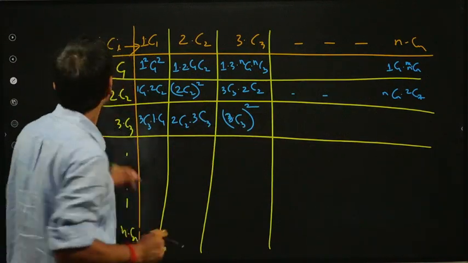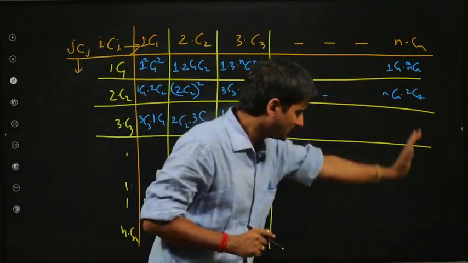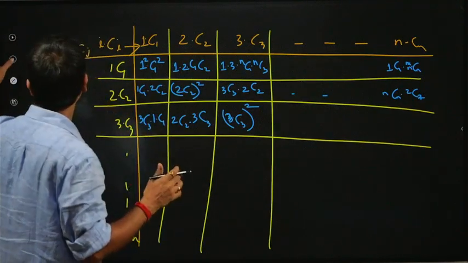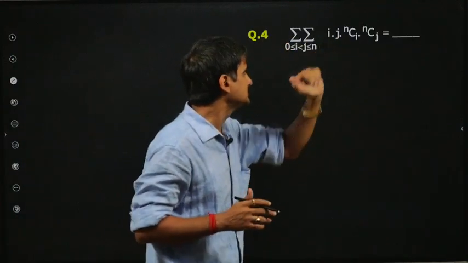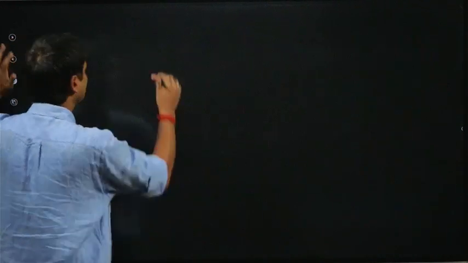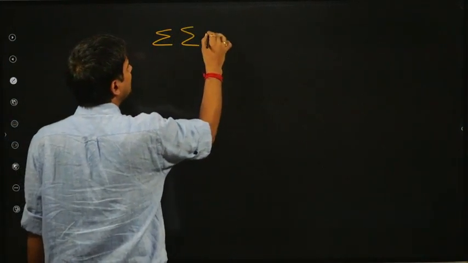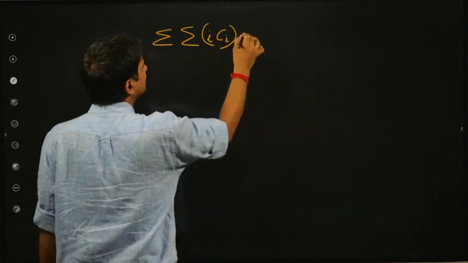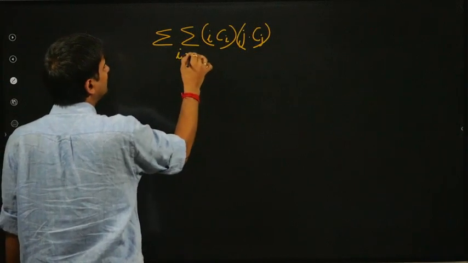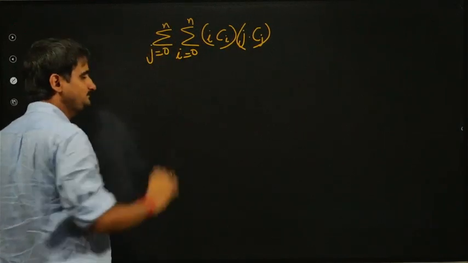Okay. Now see, if we add all the terms of this matrix, won't we get the sum of this entire series, where the entire series will be the double summation of i into nCi, j into nCj, where i goes from 0 to n and j goes from 0 to n?